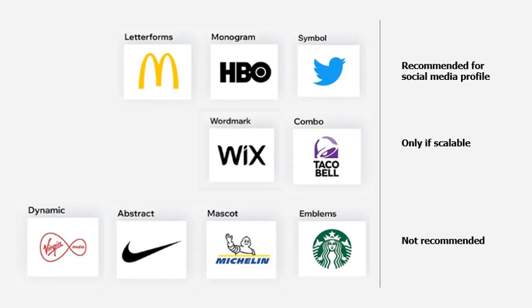Of course, not all of these logos are recommended for a campaign site, specifically for a social media profile picture, since that is where the logo will be placed. Here above are the 3 most recommended logos for your social media campaign: the letterforms, the monogram, and the symbol.